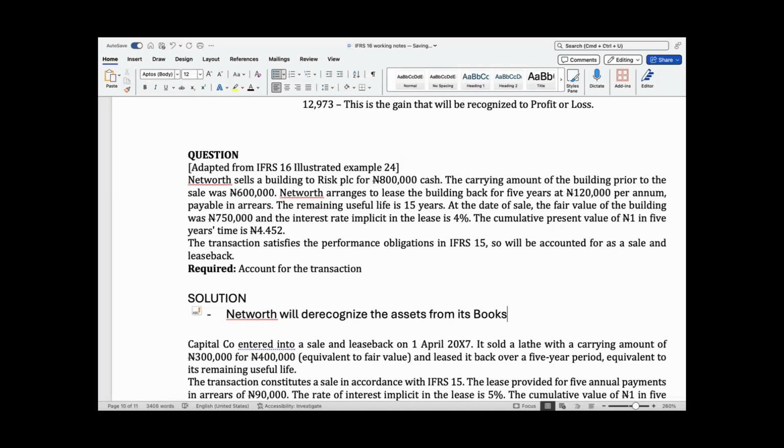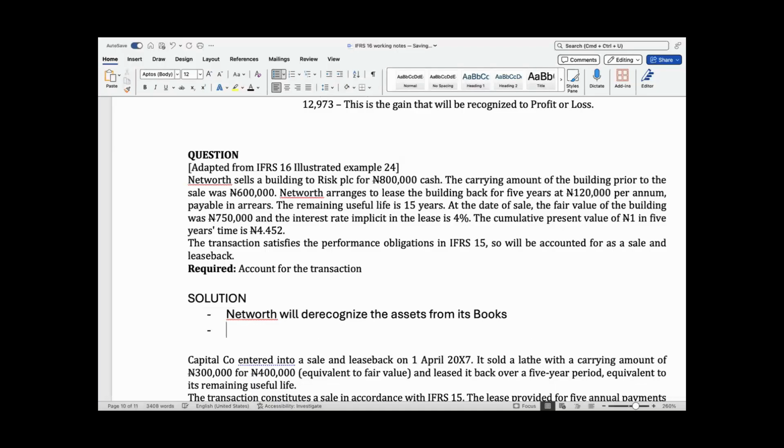And secondly, Networth will recognize a lease liability and a right of use asset, and you will measure it.